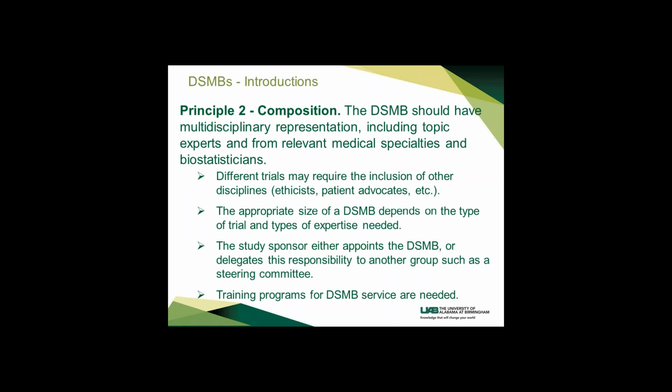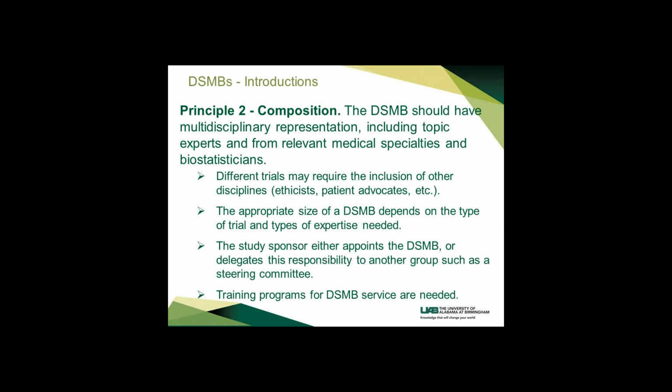So the DSMB should have multidisciplinary representation, and there should be experts in different specialties as well as in statistics. So it depends on the trial, but different trials require the inclusion of other disciplines. So many trials include patient advocates. So that would be someone who has the disease and can speak about what the real issues are from a patient's perspective.